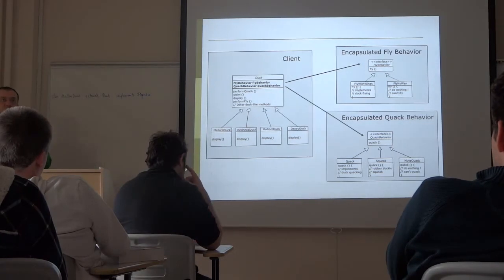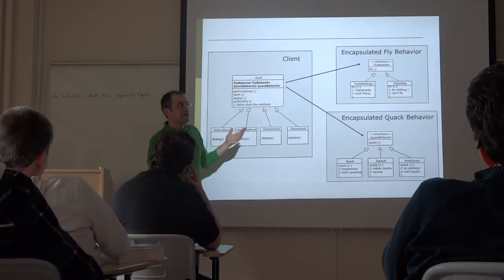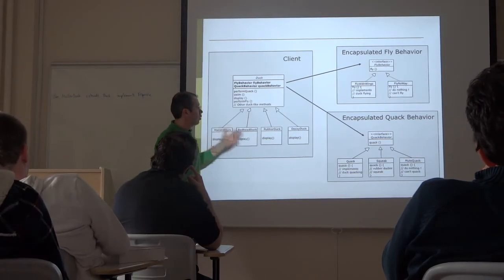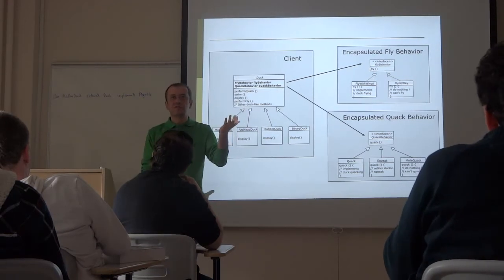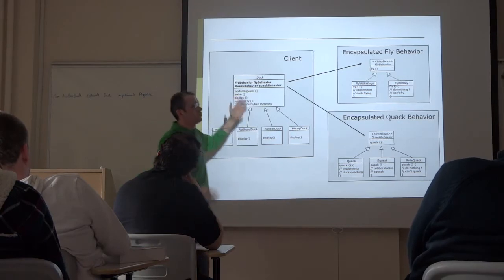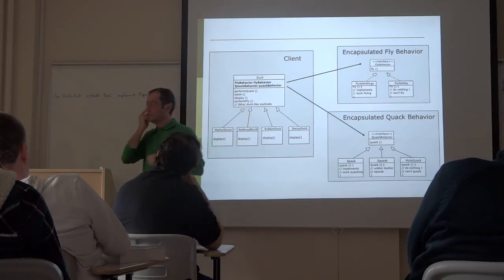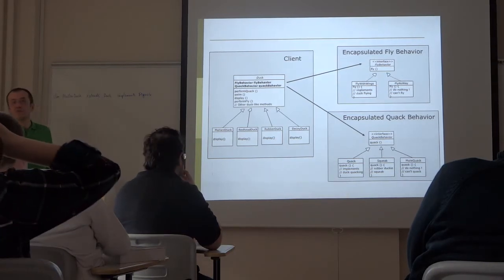Or during the runtime, I can make a mallard duck look like a rubber duck. With the getter and setter, I can call its behavior and change it over to a squeak instead of a quack.